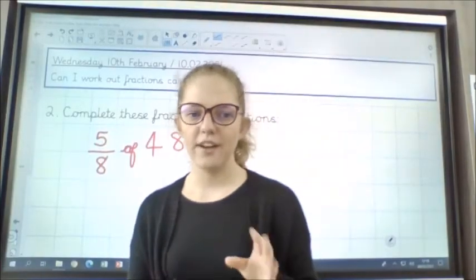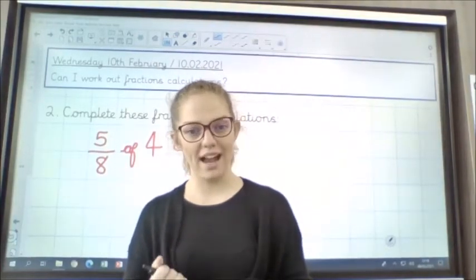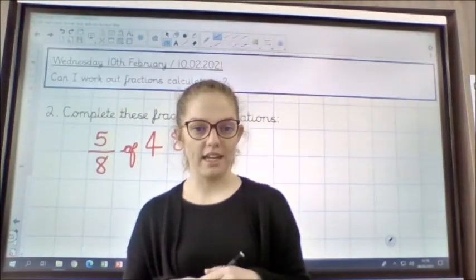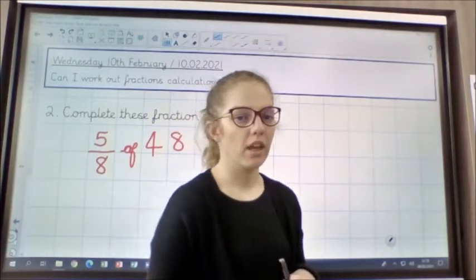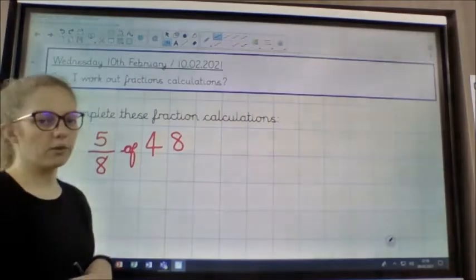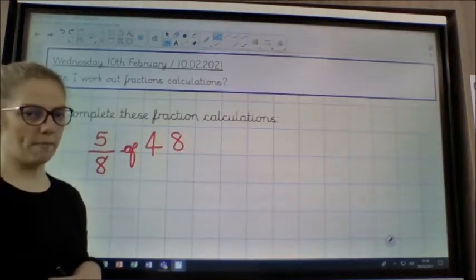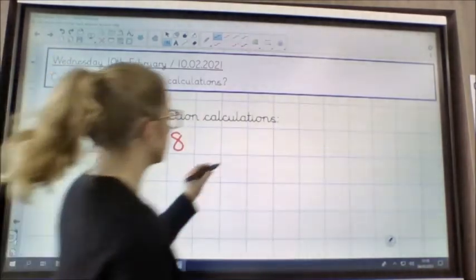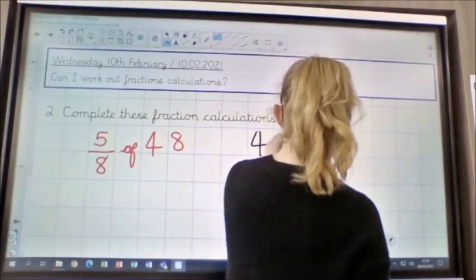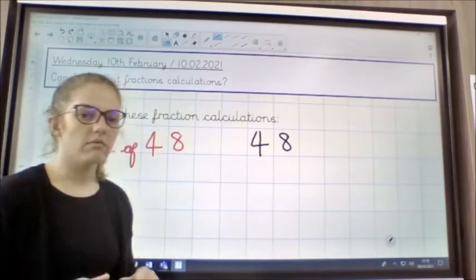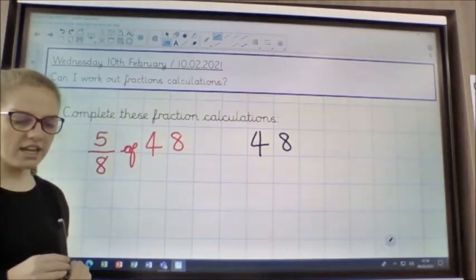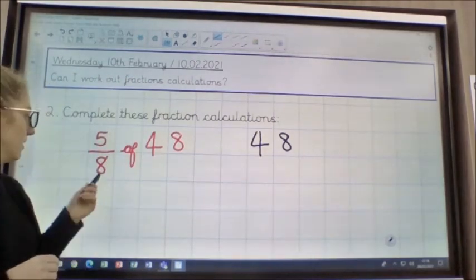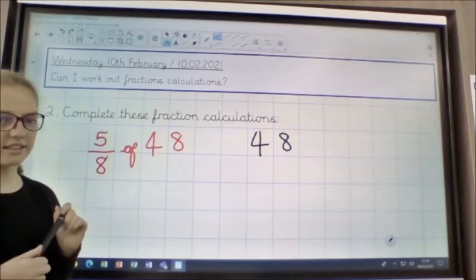Okay, so hopefully you've had a little guess at what you might have to do. Now I'm going to break it down for you. The first thing that you're going to do is look at your whole number. Our whole number is 48. Then you're going to look at your denominator, and here it's 8.